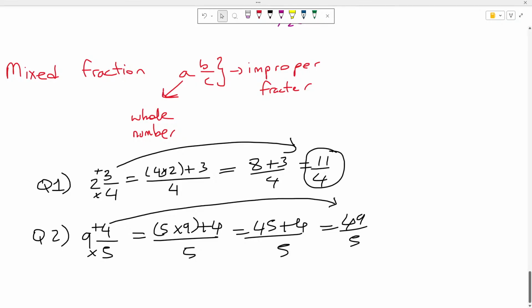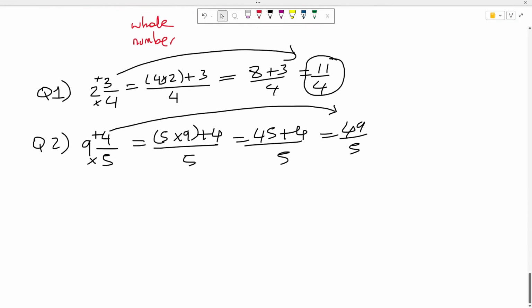Now let's do one more question. Question 3, the last question. We have 11 and 2/3.